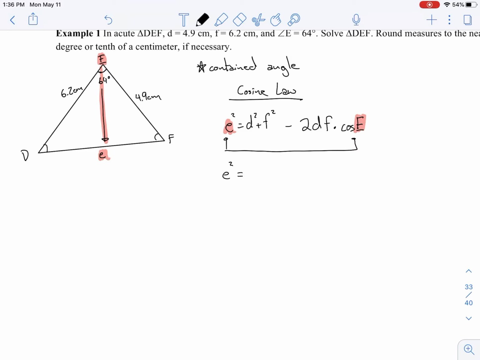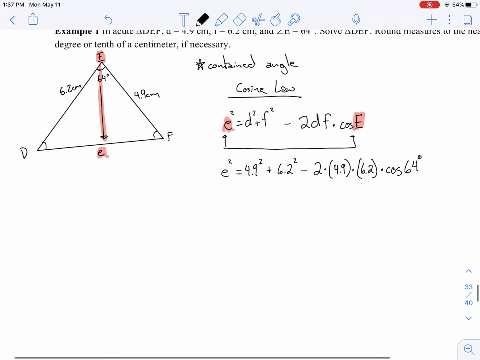Side length D, which is across from angle D, is 4.9 squared, plus F, which is across from angle F, 6.2 squared, minus 2 times D, which is 4.9, times F, I just put those in brackets to clean it up a little, 6.2, times cosine of E, cosine of 64 degrees here.